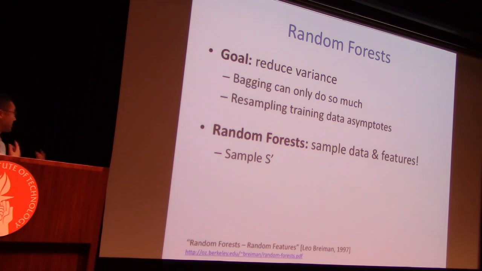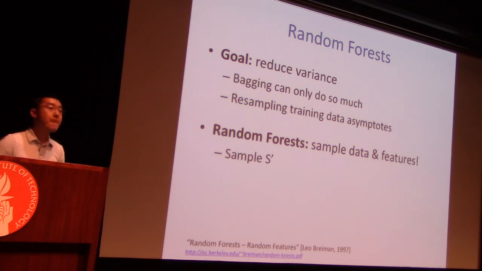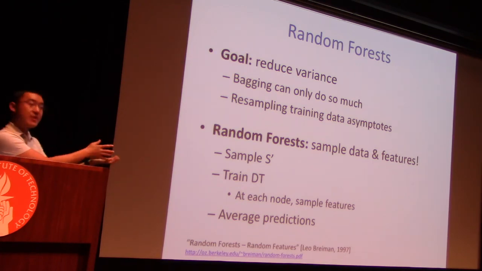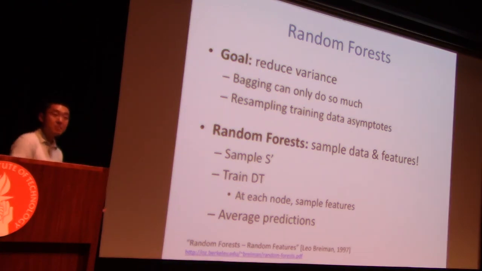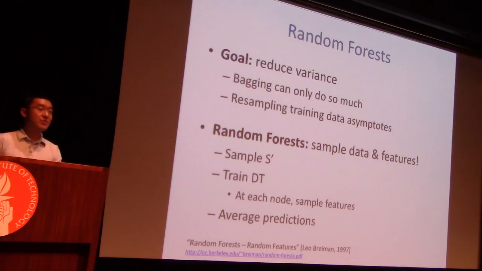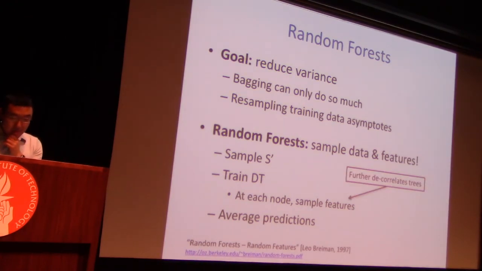So we're going to generate a bootstrap sample S prime of the original training set, and then we're going to train a decision tree on S prime. But while we're training the decision tree, we will not allow all the features to be selected. What does that mean?